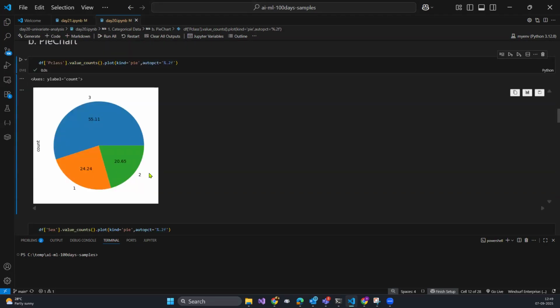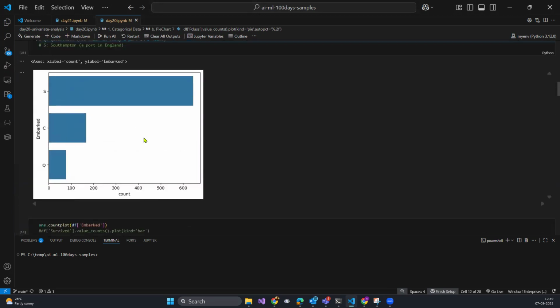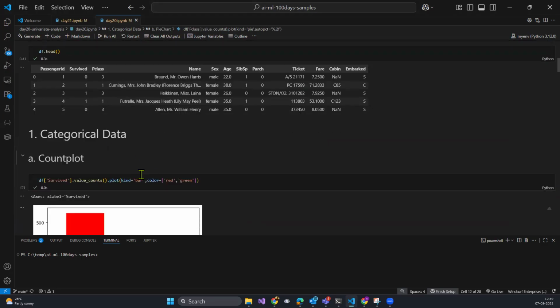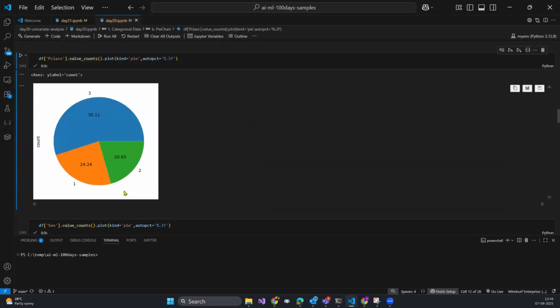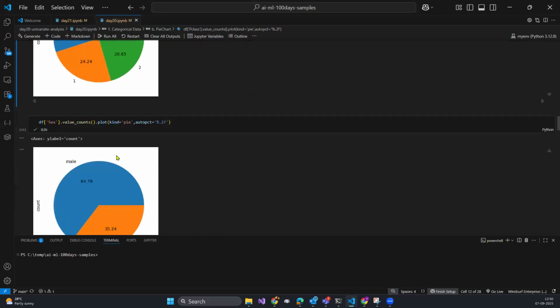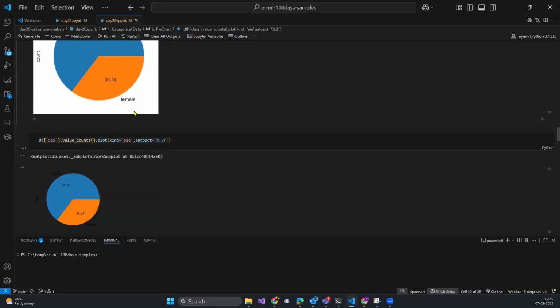So if I am seeing the class-wise, I can see class 1, 2, 3, right? Here we are having class 1, class 2, class 3. So here I can see that, okay, in class 3, there were too many people, and class 1 and class 2 were nearly equal, right? And the same way for sex also.